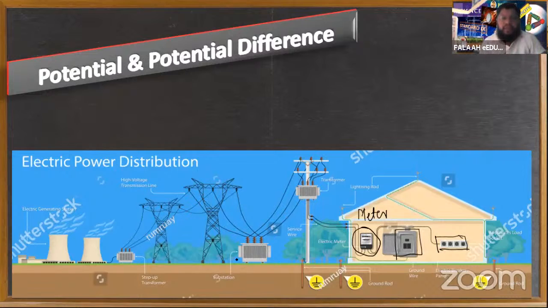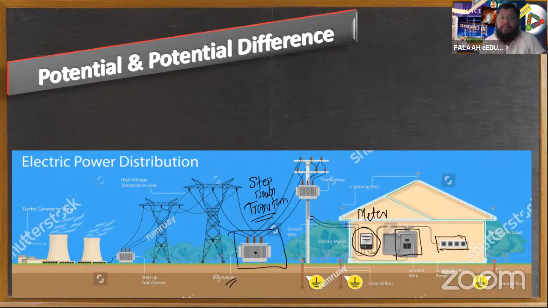What is the function of the transformer? This is the substation. What does the substation or transformer do? It transforms electric energy from this side to this side. What it does actually, it is a step down transformer. It is known as a step down transformer.